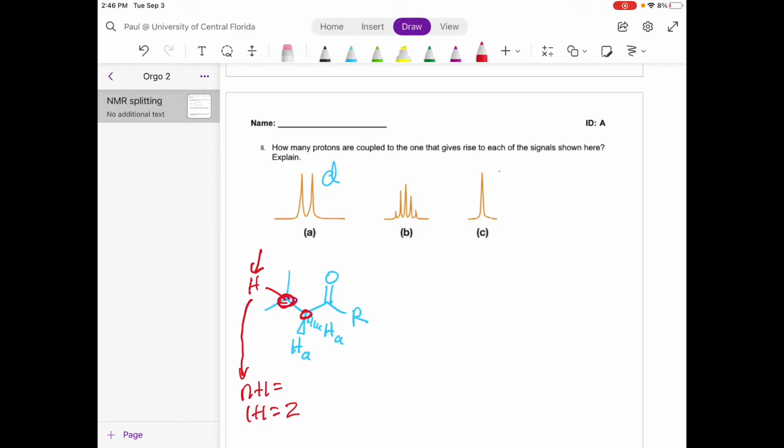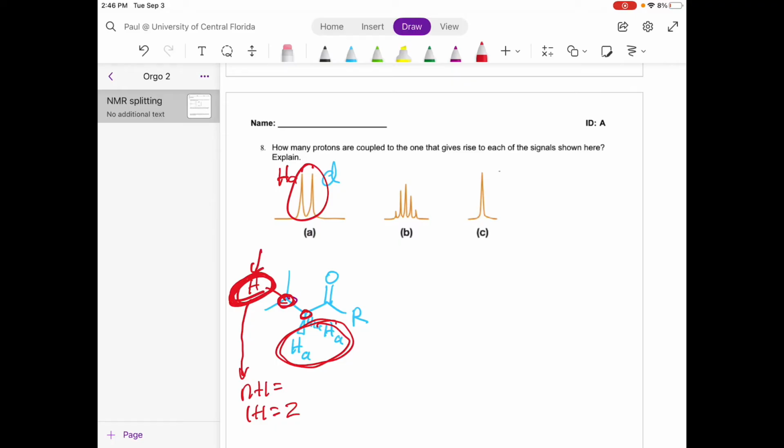So HA is split into a doublet because the adjacent proton, there's only one of them.